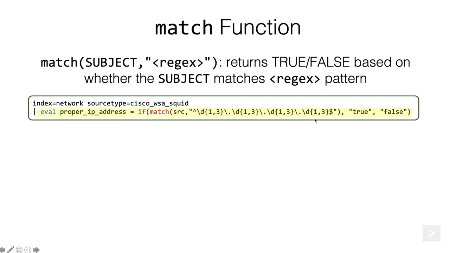If this regex matches the values of the source field, match will return true. Otherwise, it will return false. Match can be made to behave like the searchmatch function. The difference here being passing in _raw as the first argument of the match function and the string used for searchmatch as the second argument.